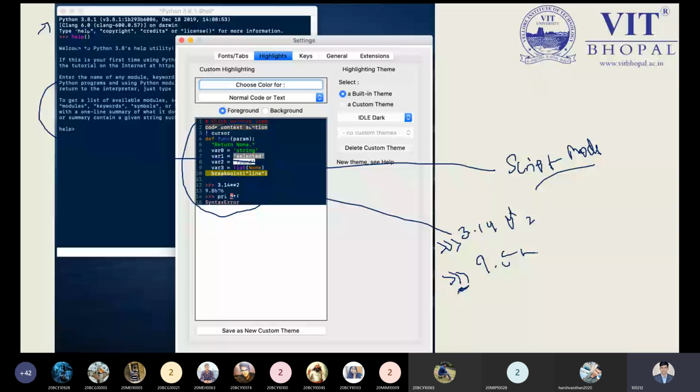I can repeat my statement once again. The user will write Python code in script way, like 3.14 into 2. This is again a statement, but over here it is known as a script. So he is writing a script in command mode, and after writing the code, he will press enter or use the shortcut key for executing such code.